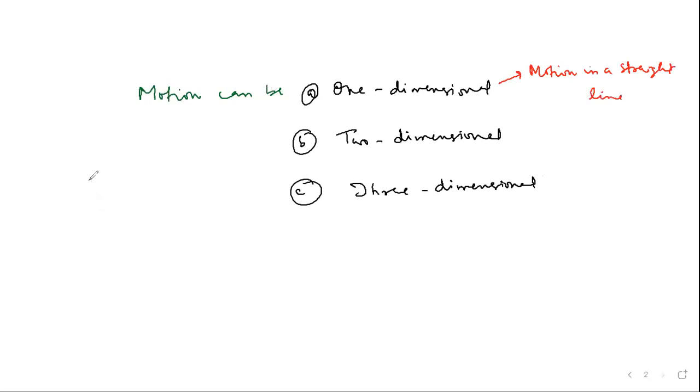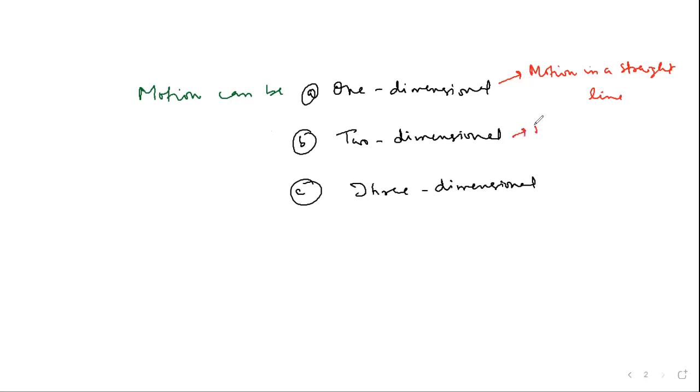A straight line can be vertical, it can be horizontal, it can be any way, but if motion is confined along a straight line, motion is one-dimensional, and in one-dimensional motion, to specify the position of a particle or a body, you need only one position coordinate.